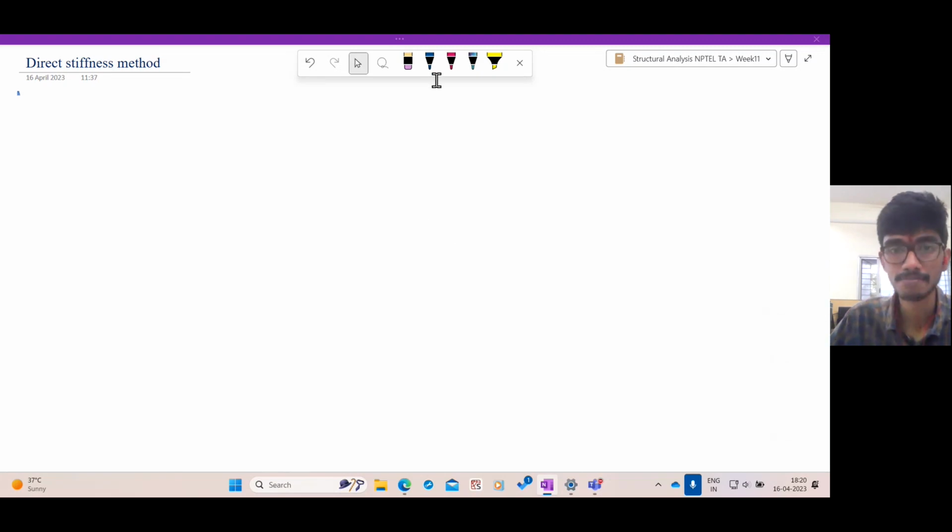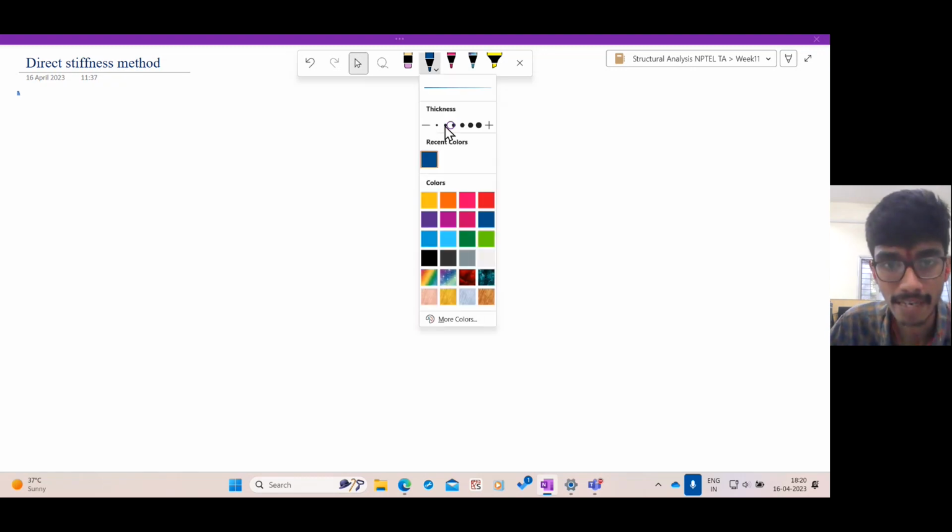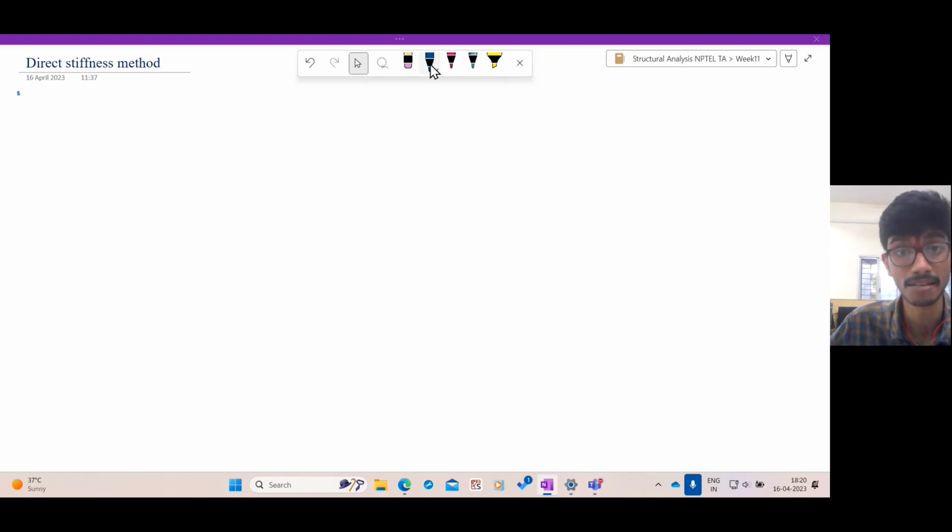Today we'll be looking at this particular method called the direct stiffness method. Earlier we divided the available methods of analysis of statically indeterminate structures into two types. One is the force methods of analysis, and the other is the displacement methods of analysis.